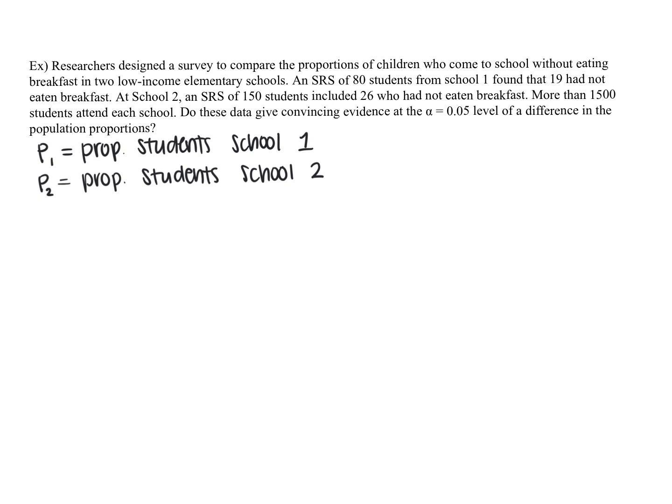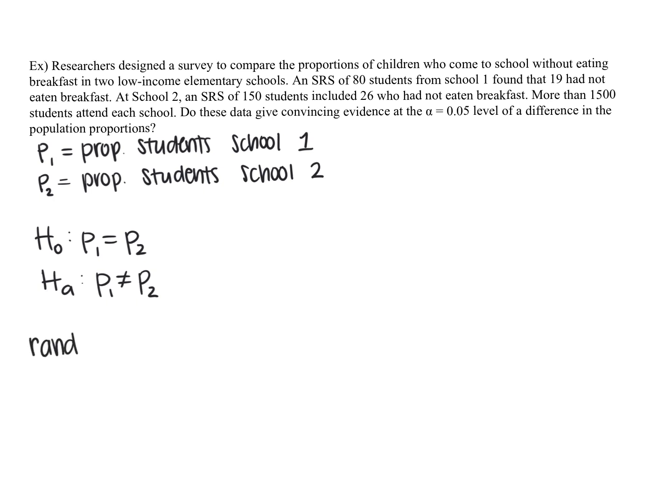For our null hypothesis, P1 equals P2. For the alternative hypothesis, because we did not specifically state whether one school has a lower or higher proportion, we are looking to just see if they're different. So P1 does not equal P2 is our alternative hypothesis.